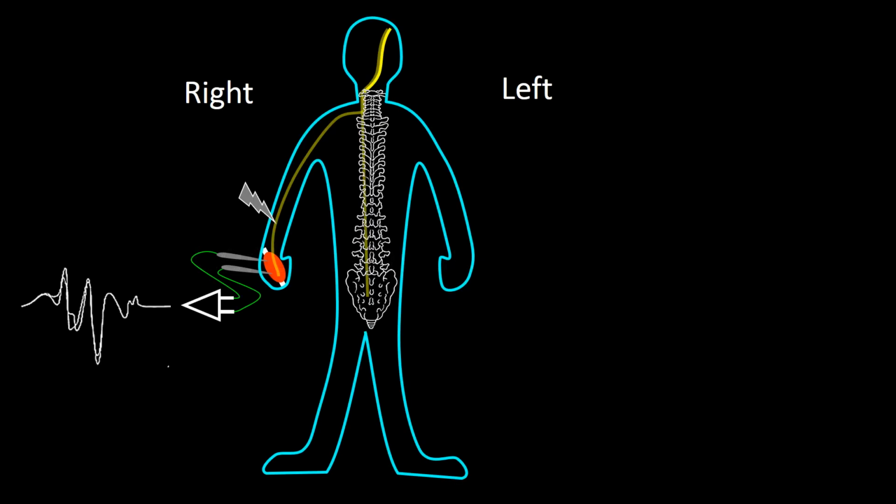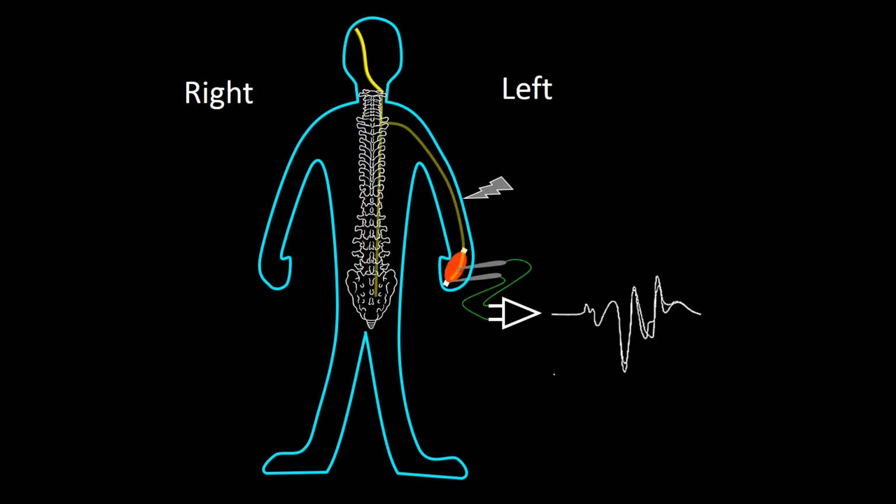Central conduction time can also be achieved by the same method. This frame portrays a right-hand muscle motor evoked potential triggered by a nerve stimulation. This can be done in the right, and also it can be done on the left side.